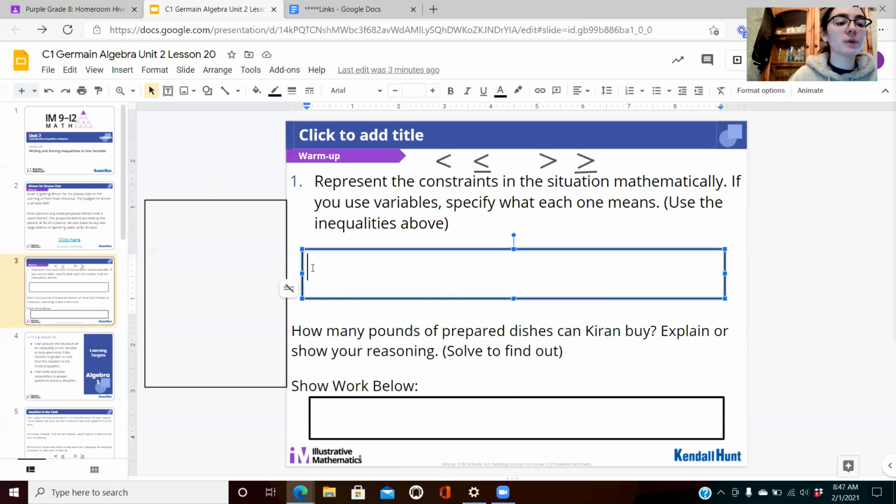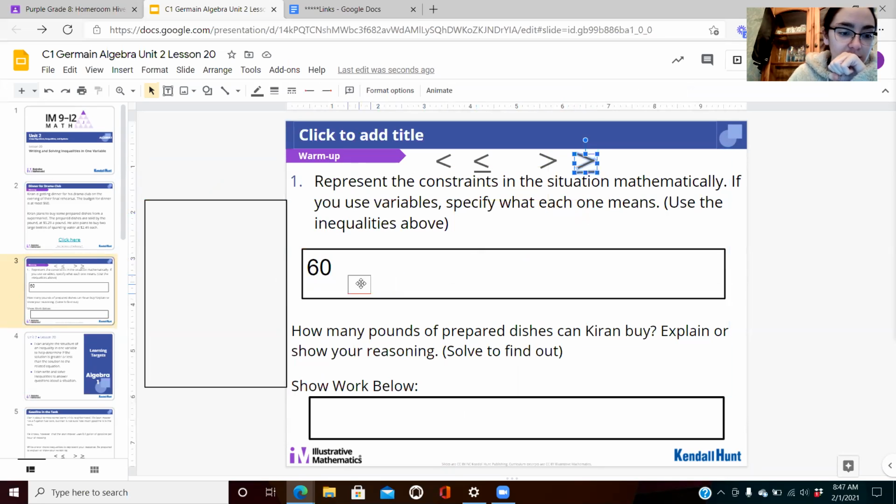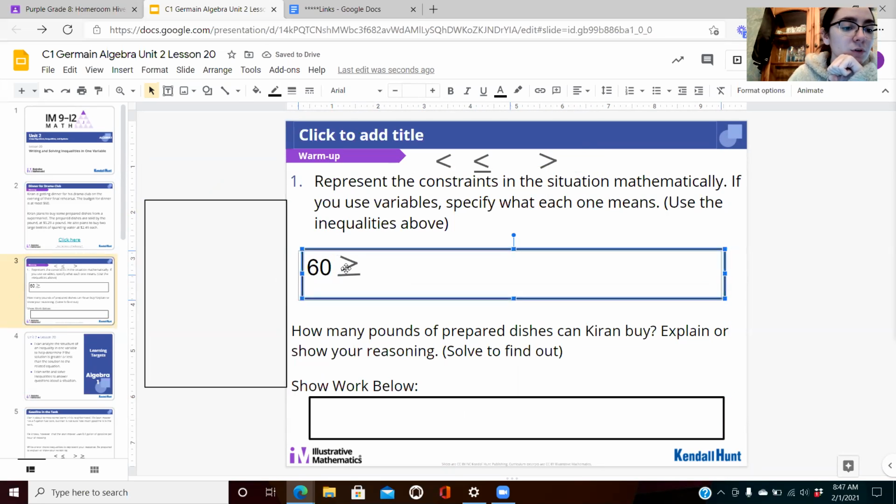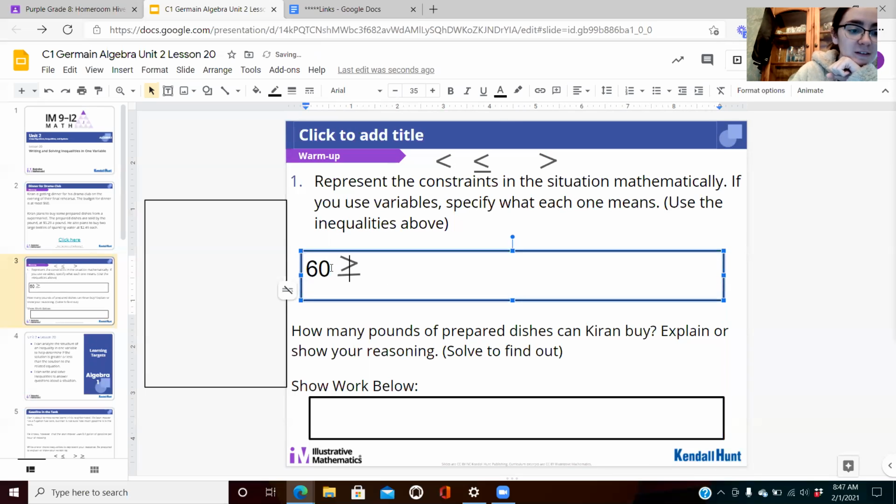So we could have written one of 60 is greater than or equal to that budget B. And then we could have written one that was more specific with the cost of things.